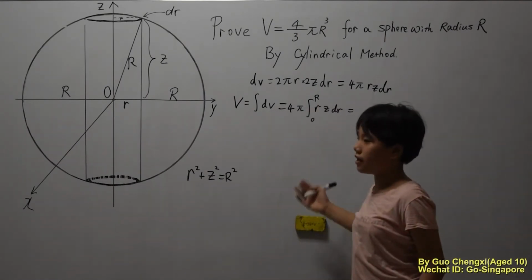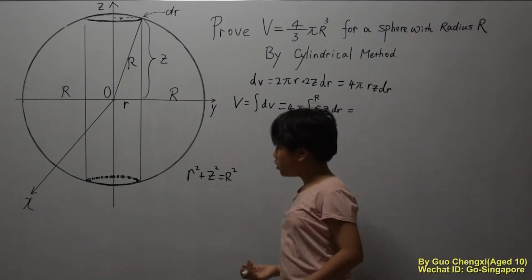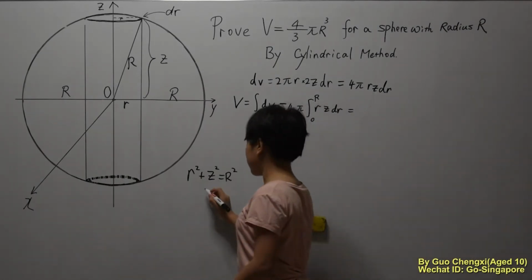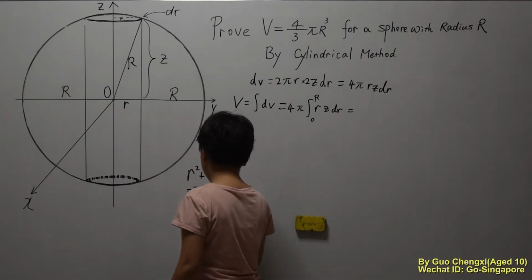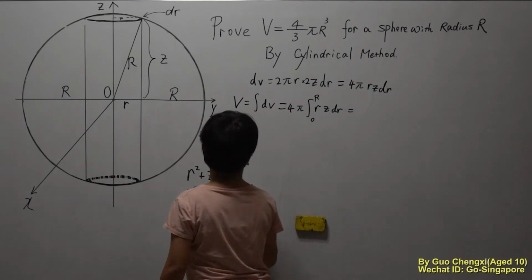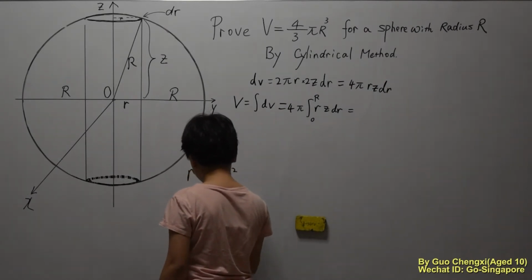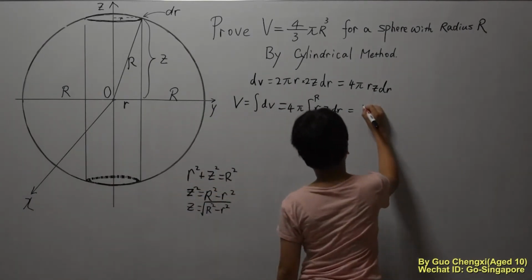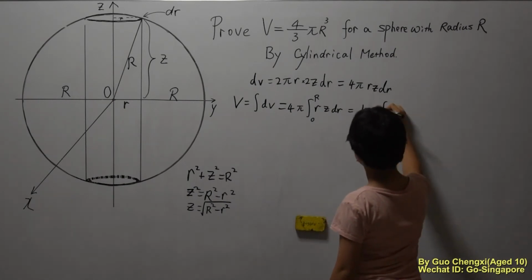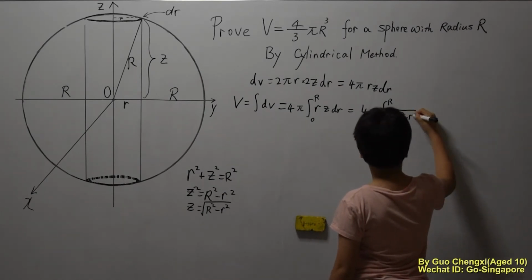Since you use dr, if you change the r, this whole thing will become very complicated. So why don't we just change the z? So what does z equal to? z squared will equal to R squared minus r squared, right? Now, then what is z? Square root R squared minus r squared. Now over here, it will become r square root R squared minus r squared.